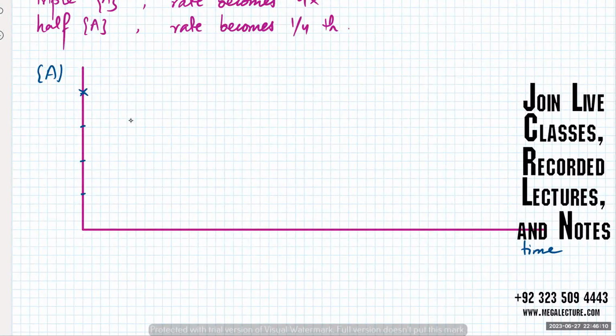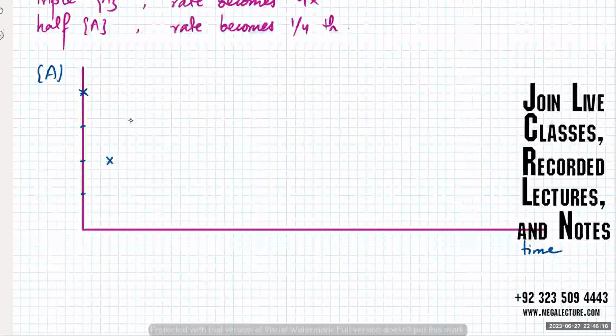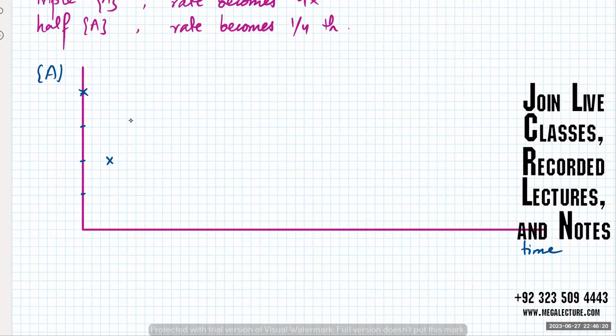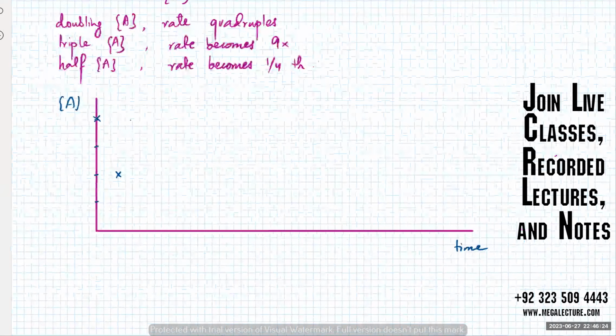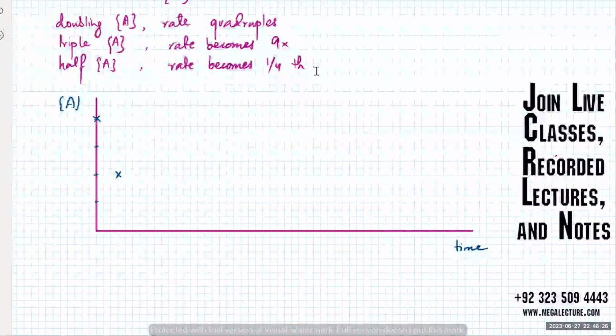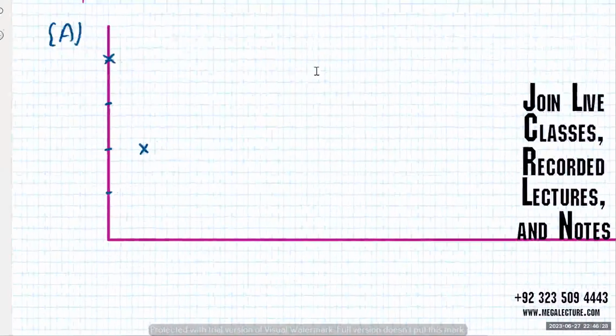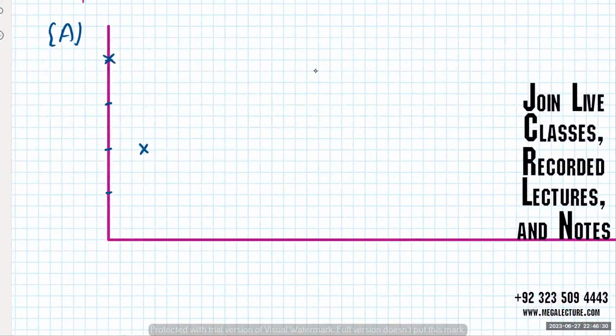Initially the reaction is very fast. It took 3 seconds for the concentration of A to decrease by half. Next time the reaction would slow down too much, right? If the concentration becomes half, the rate becomes 1/4. So it's going to take double the time now, twice the time for the concentration to decrease by half again.